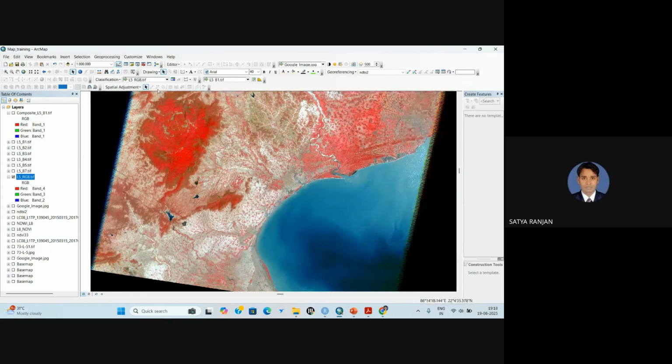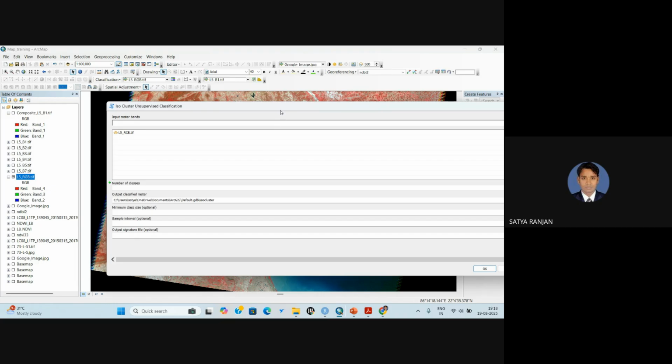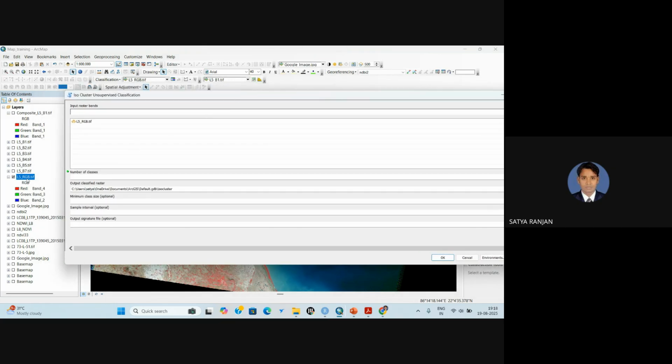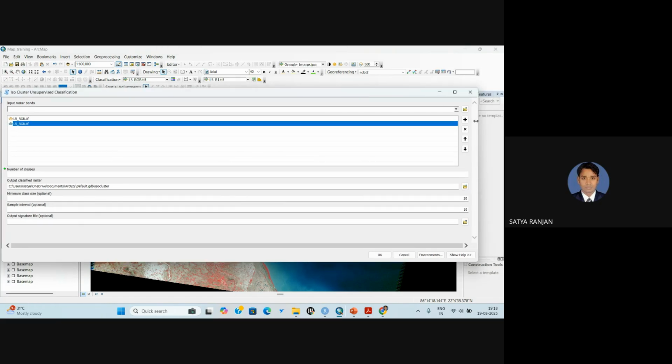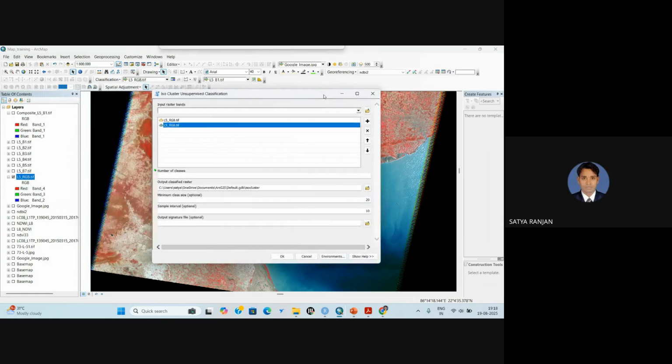So go to the ISO Cluster unsupervised classification tool. You have to give the input raster bands. Then, how many classes? In the second column, second row, there is the number of classes. So 9 classes are there.